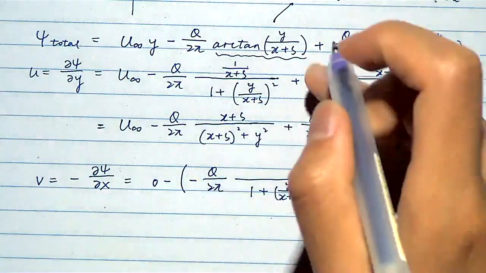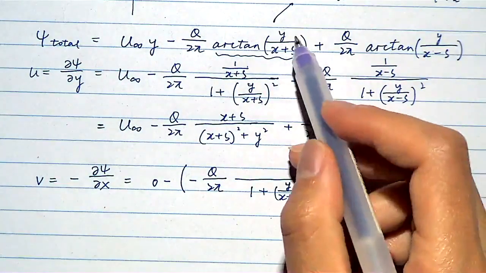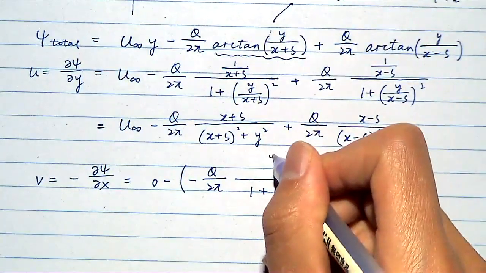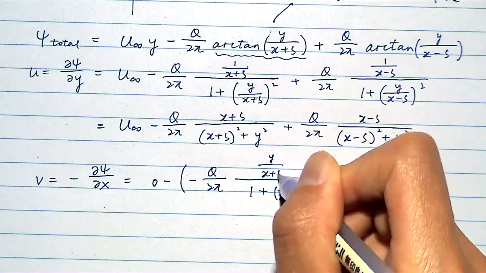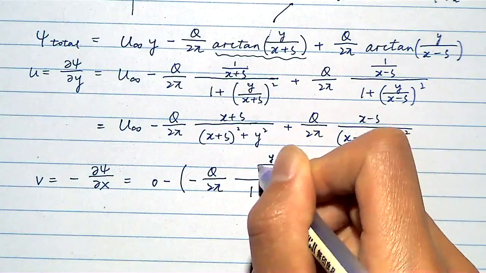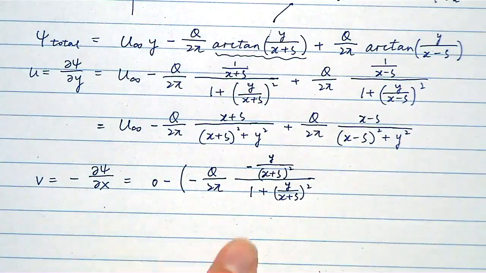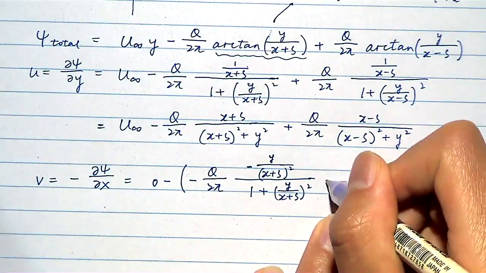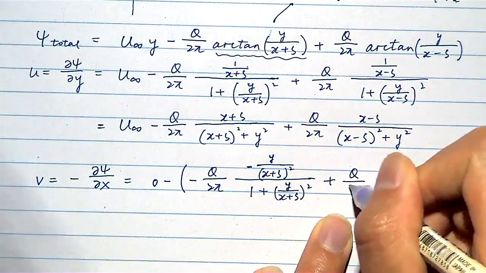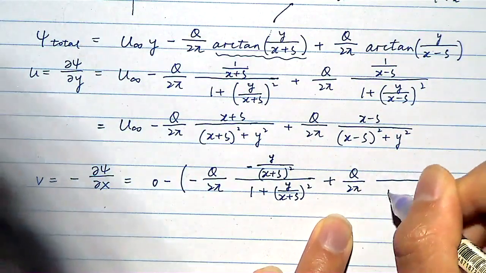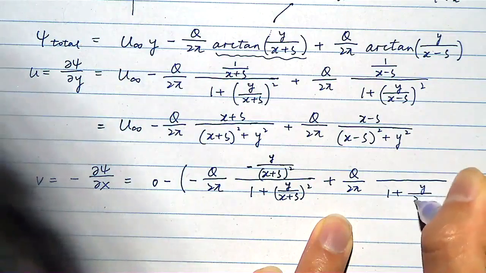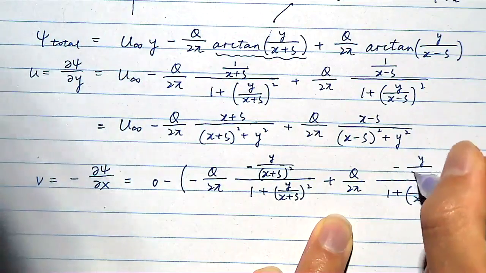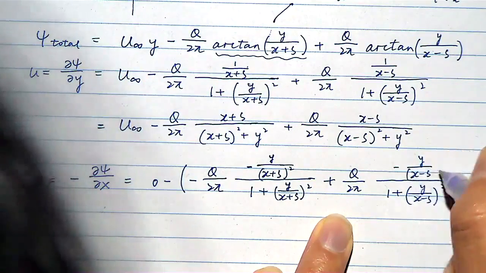And now I have to use the chain rule for this term, y upon x plus s as well. So I get y upon (x plus s) squared, and I have a negative sign in front of it. Okay? So this is the sink, and for the source, similar steps: 1 upon 1 plus (y over x minus s) squared, times minus y over (x minus s) squared.